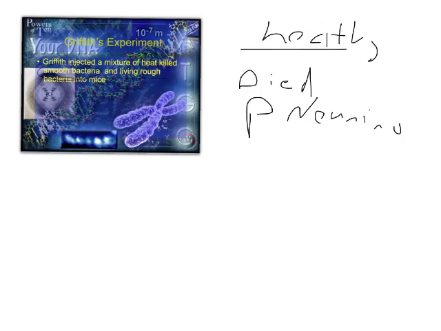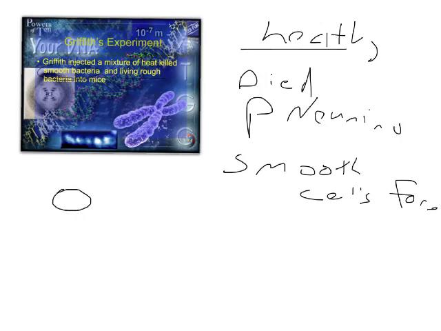When Griffith checked the blood of the dead mice, he found that living smooth cells had formed. So all of a sudden these smooth cells formed. Let me put this in a kind of capsule. If you have smooth, which I'm going to represent like that with a protective coat around it, and you have that, you die.